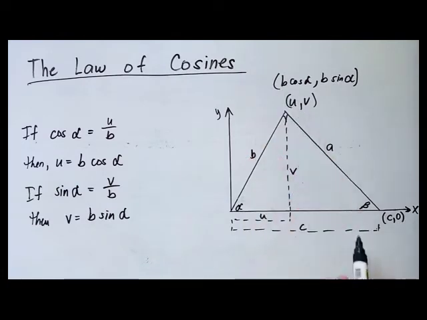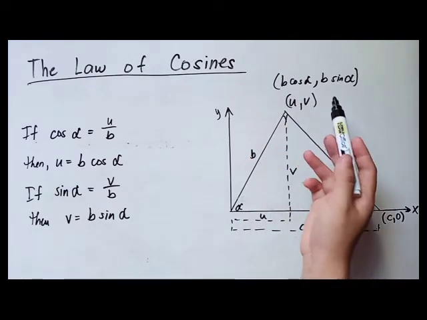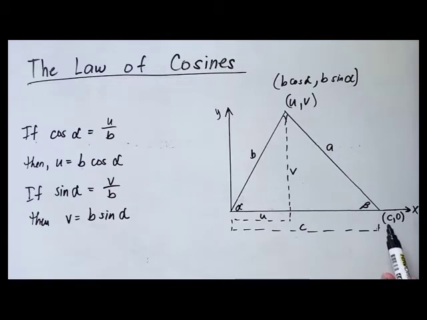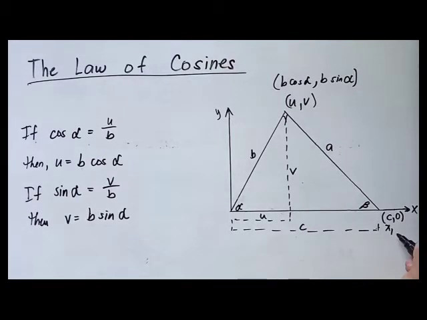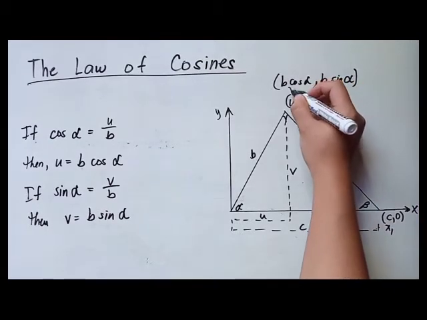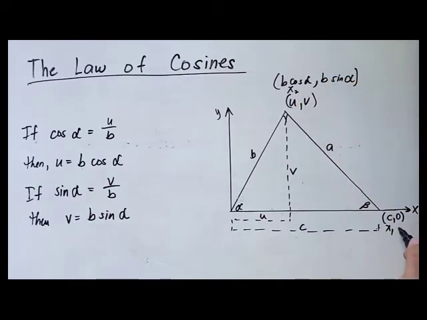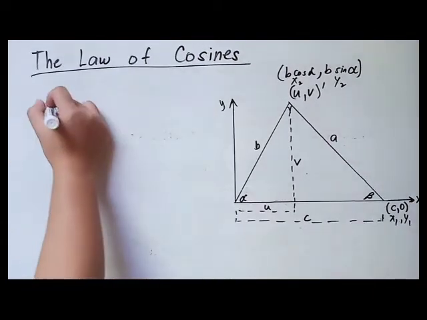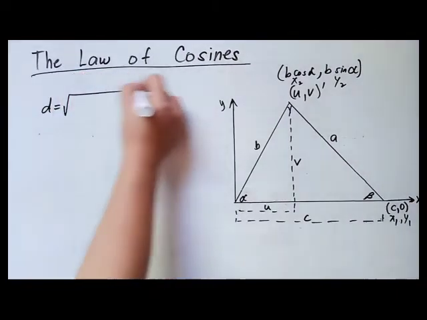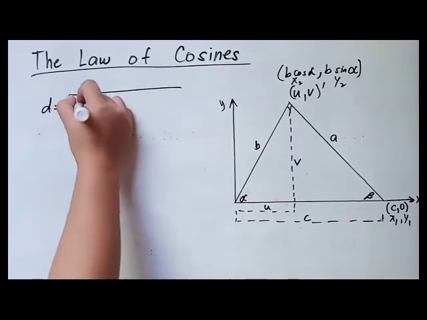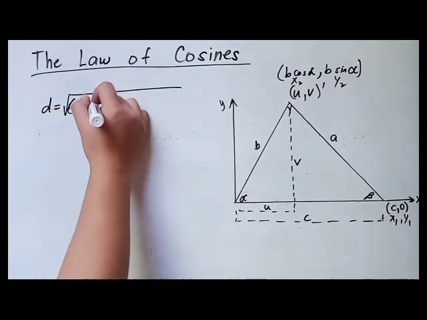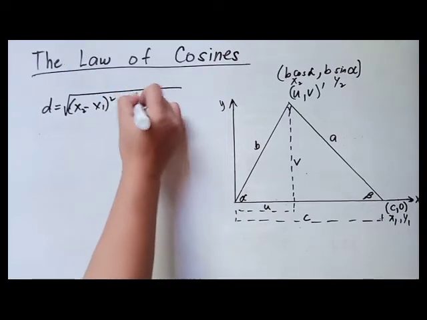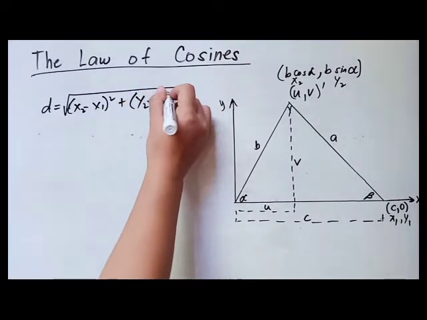Since we have these two points, b cosine alpha, b sine alpha, and c, 0, let this be our x sub 1 and this be our x sub 2, then y sub 1 and y sub 2. So using our distance formula, we have this equal to the square root of x sub 2 minus x sub 1 squared plus y sub 2 minus y sub 1 squared.